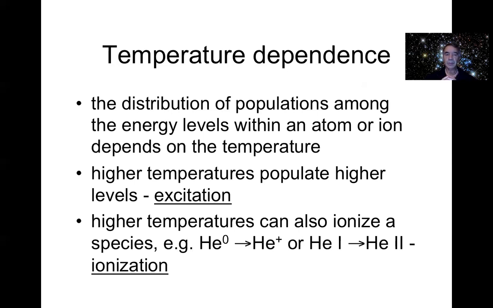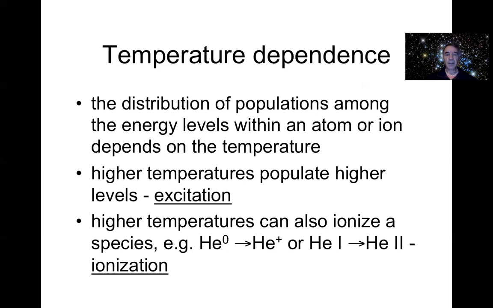We discussed it briefly before. If you heat it up too much, you're going to basically destroy your atom by removing the electron entirely. The electron will be liberated from the atom and, in the case of hydrogen, just leave behind the proton. That process is referred to as ionization.